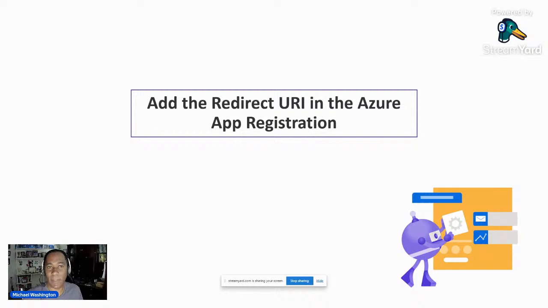And once they have been authenticated, they'll be passed back to the application. They will only pass the person back to a URL that has been registered. So we need to add this URL registration to the application in Azure B2C that we created.